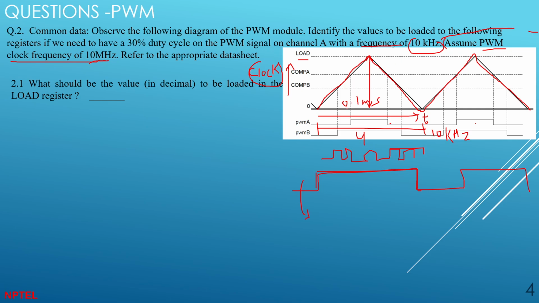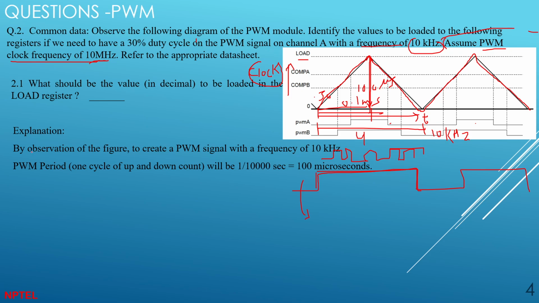In the step up operation, when you go from zero to load, this takes around 0.1 millisecond, which can also be written as 100 microseconds. If the total is 100 microseconds, then half will be 50 microseconds.